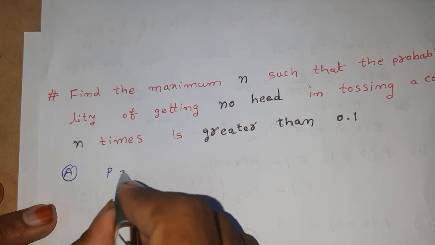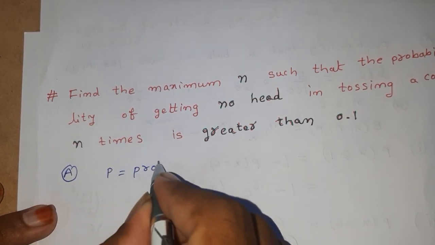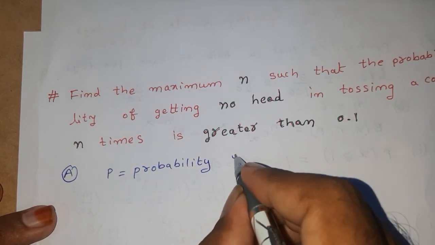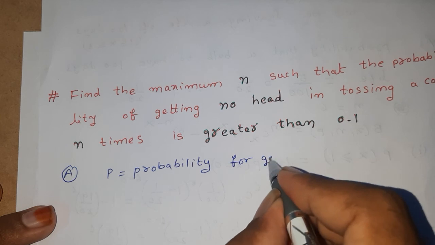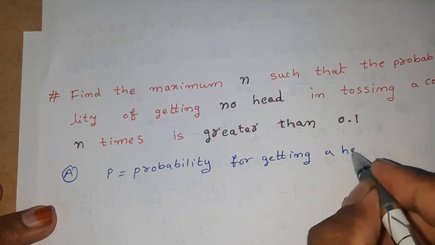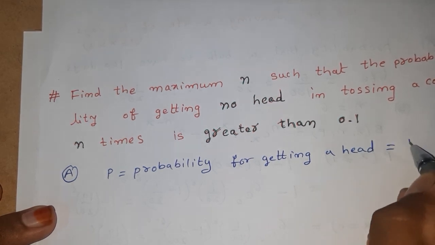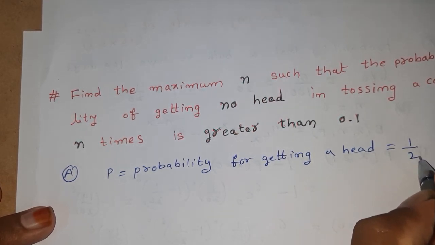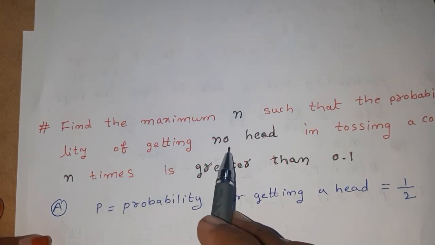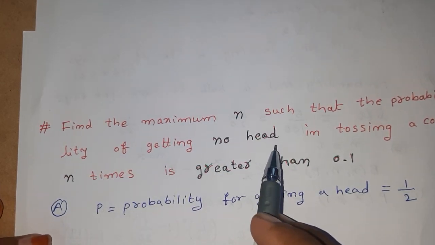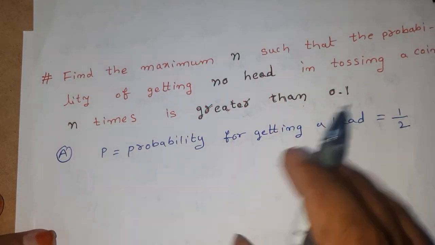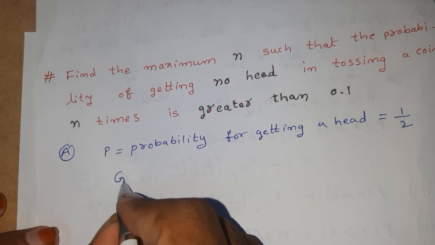P, the probability for getting a head, is equal to 1 by 2. But given that the probability for getting no head must be greater than 0.5.